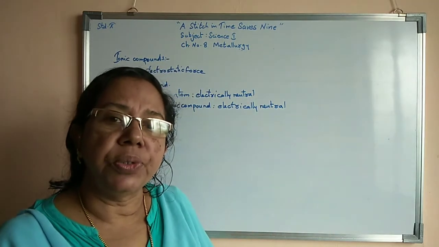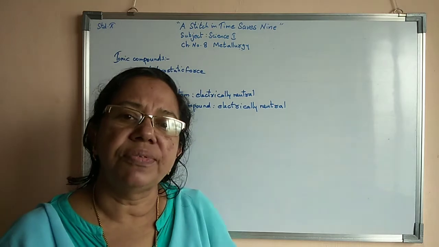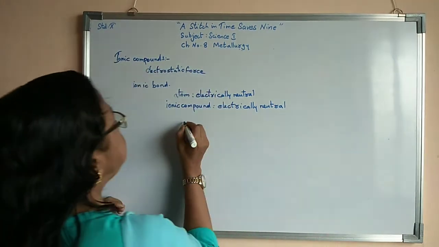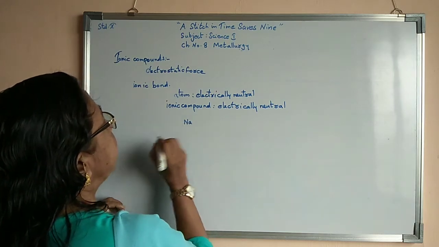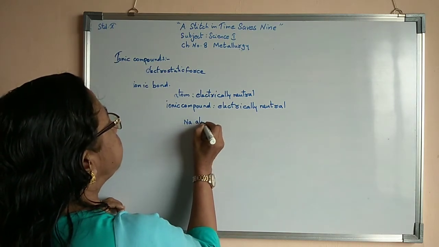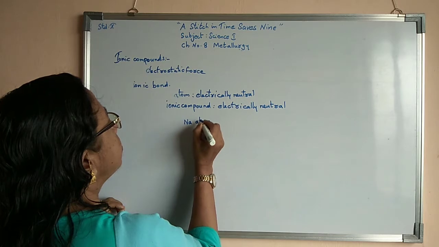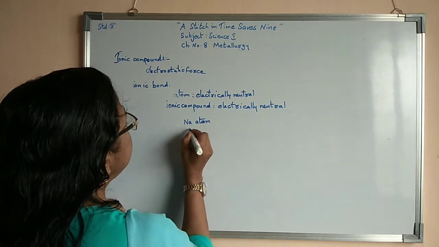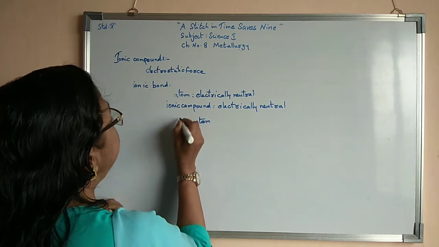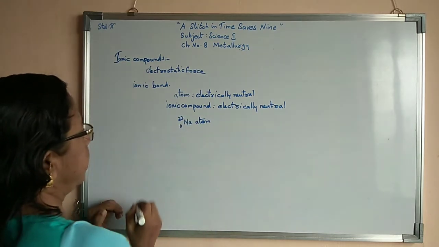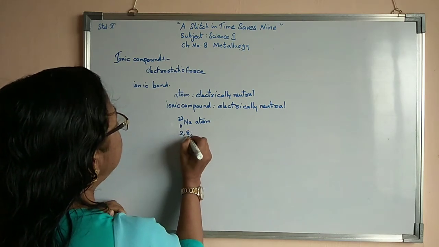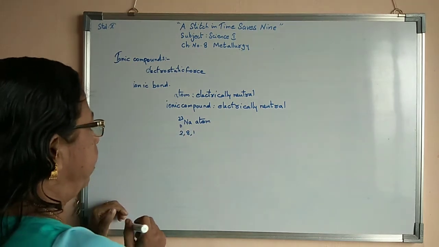Now, I am showing you an example of one atom, that is the sodium atom. Na means sodium atom. Now, the sodium atom, its atomic number is 11, mass number 23. Then electronic configuration 2, 8, 1.